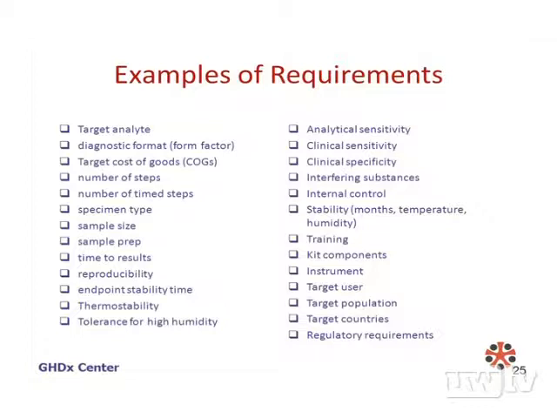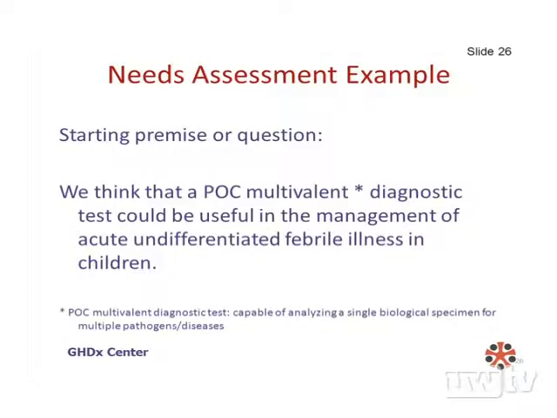Okay, so how do we go back to the original question of how we actually want to do needs assessments? Let me use an example that I have some familiarity with that we've been doing for a number of years now. We want to start out with a premise or a question.